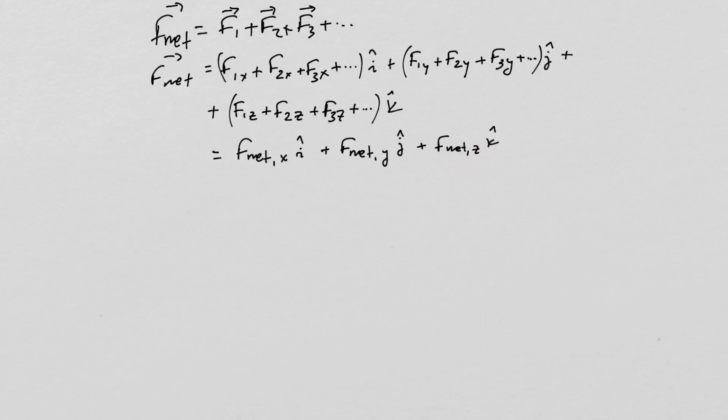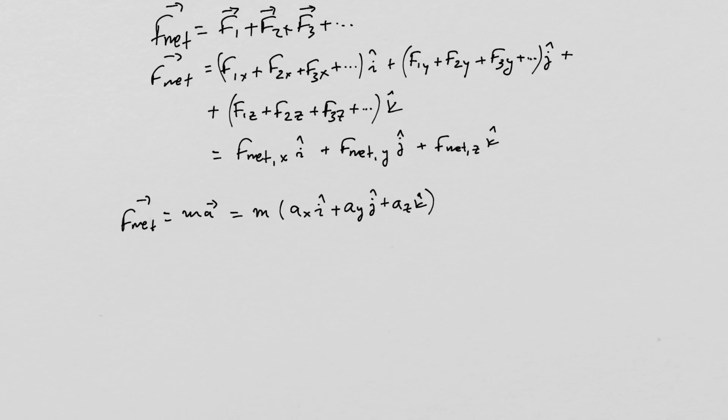On the other hand, Newton's second law states that the net force is equal to mass times acceleration. However, the acceleration is a three-dimensional vector, so I can also write this as mass times the acceleration presented in unit vector notation. So a x i hat plus a y j hat plus a z k hat.